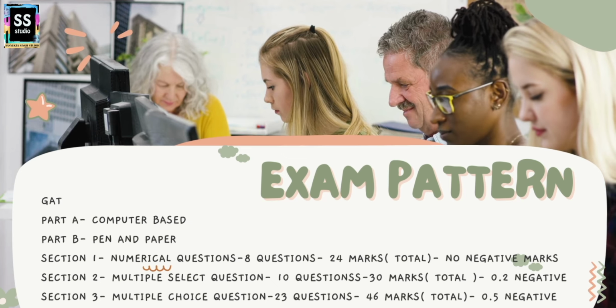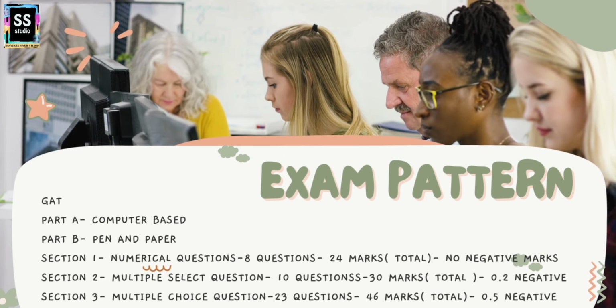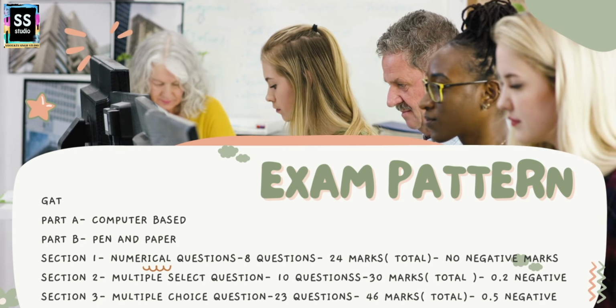नाउ लेट्स डिस्कस अबाउट व्हाट टाइप ऑफ क्वेश्चंस डू कम इन, लाइक व्हाट इज द पैटर्न ऑफ द क्वेश्चंस ऑफ पार्ट ए. लाइक इन UCEED अभी हमने डिस्कस किया था there are 18 questions of NAT, 18 questions of MSQ, and there are 32 questions of MCQ, but यहाँ पे CEED में फाइनली अगर हम इसे इस तरीके से देखें तो NAT न्यूमेरिकल आंसर टाइप जो क्वेश्चंस होते हैं ये 8 आते हैं, जो कि 24 मार्क्स के होते हैं.